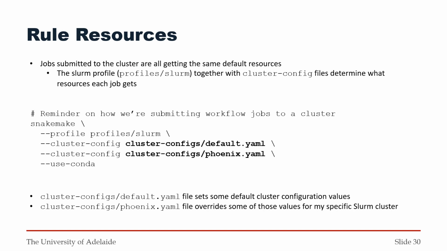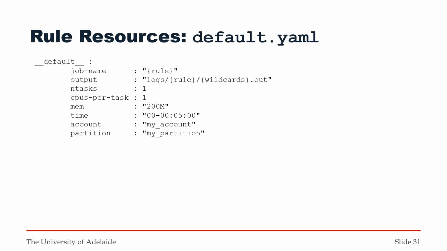And so Phoenix here is the name of our HPC, so there are some Phoenix specific cluster configuration options in here, and that's mostly account and partition information that will differ between Slurm installations.